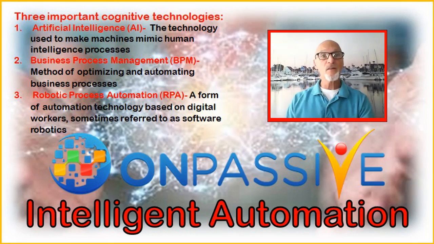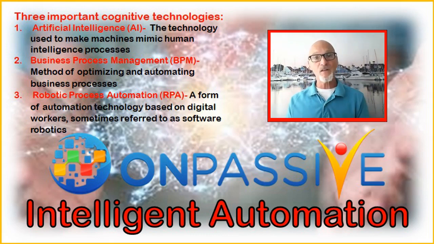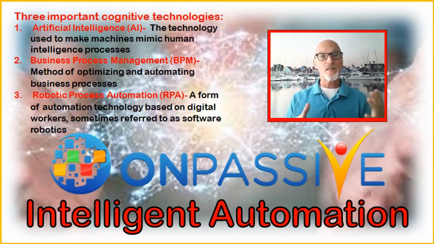The second one is business process management, BPM, and this is a method of optimizing and automating business processes, right, for greater agility and consistency. And the third one, robotic process automation, RPA, is a form of automation technology based on digital workers. Sometimes we refer to this as software robotics.